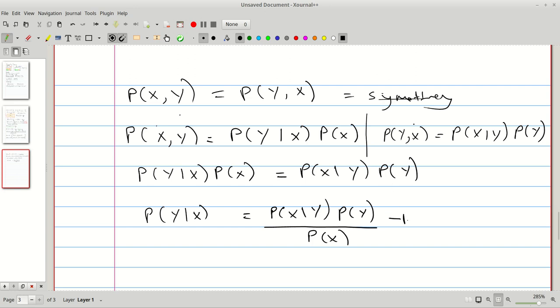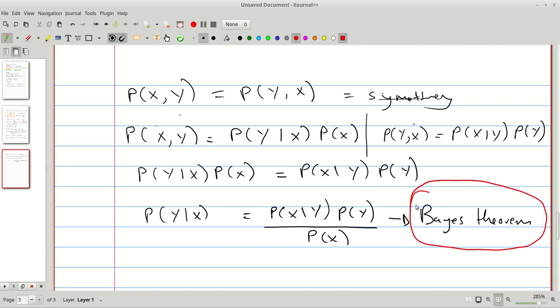This is known as Bayes' theorem. It is quite important because this theorem is going to form the basis of some of the things we're going to be dealing with in statistical machine learning, some of the terms we're going to be encountering. Having said that, let's move on.